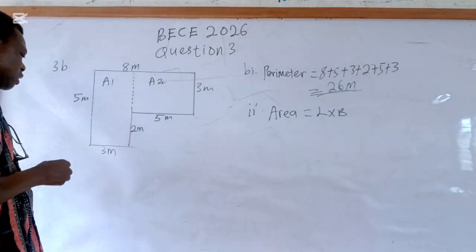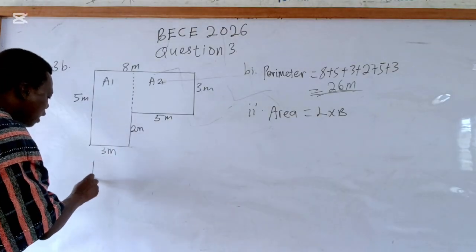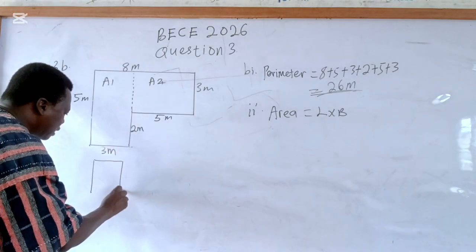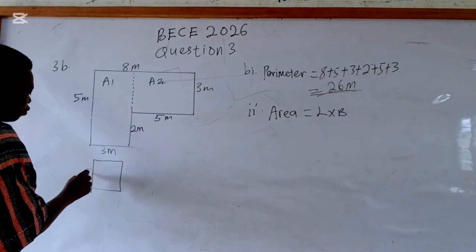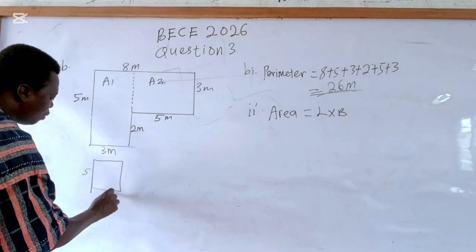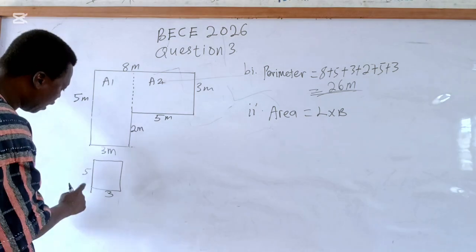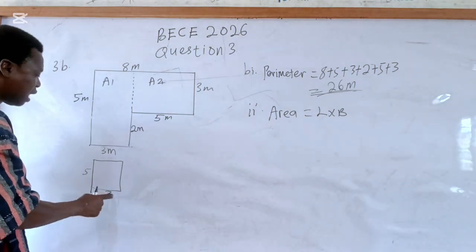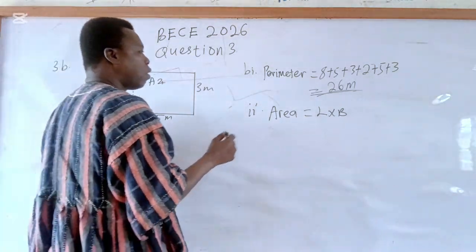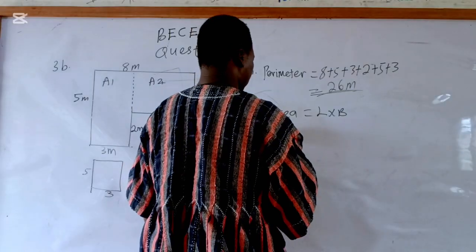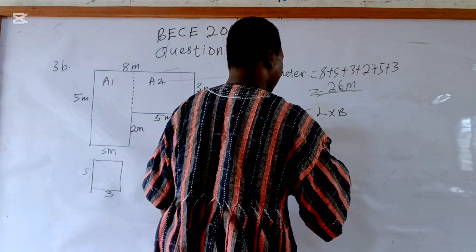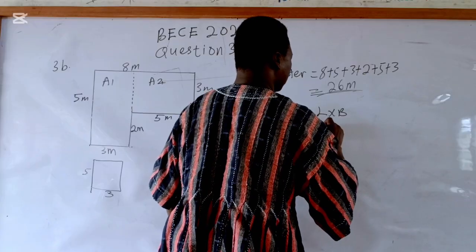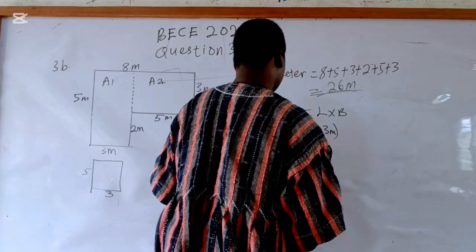In that case, my area 1 looks like this. And this will be 5 and this will be 3. So length times breadth, that's 3 times 5. So area 1 will be equal to 5 meters times 3 meters.